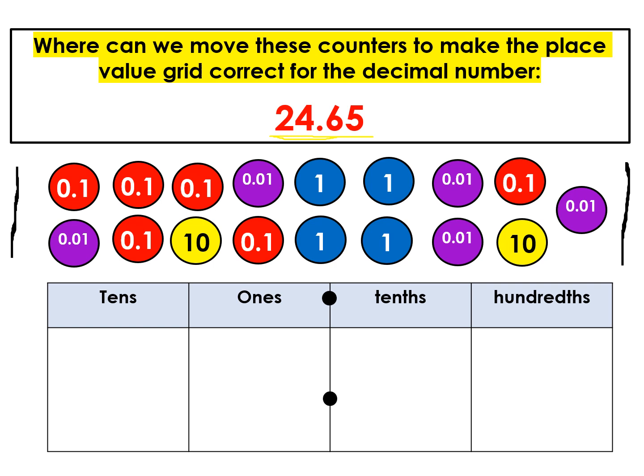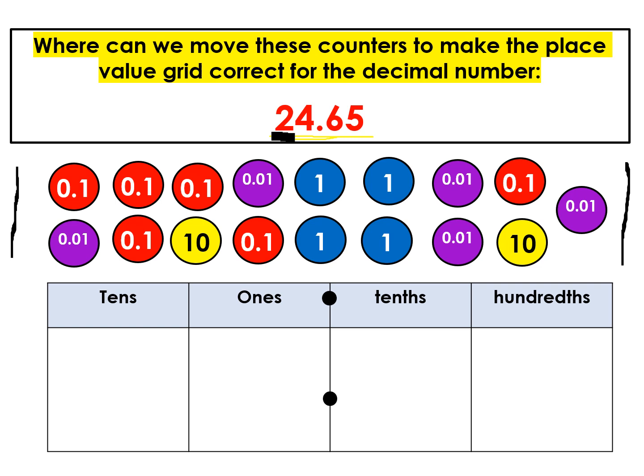Now what we want to do is use these counters and place them in the correct placeholders. So what we would look at first is the tens, which is for this digit here, and think about which counters would move. So I want you just to pause the video for now and think about which counters would move first of all.